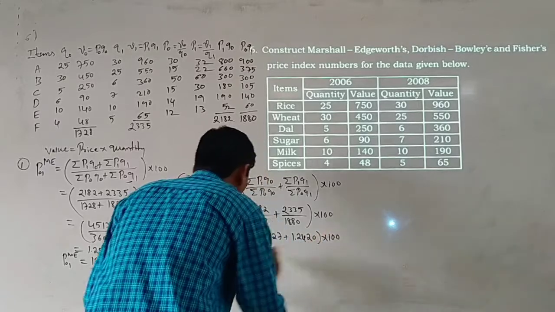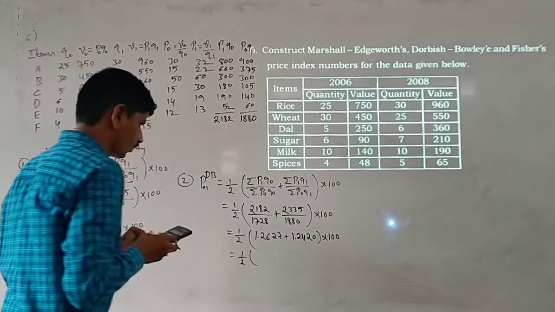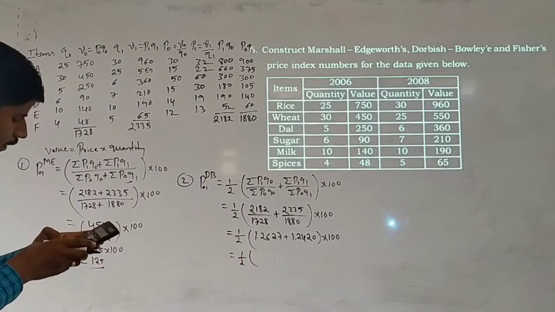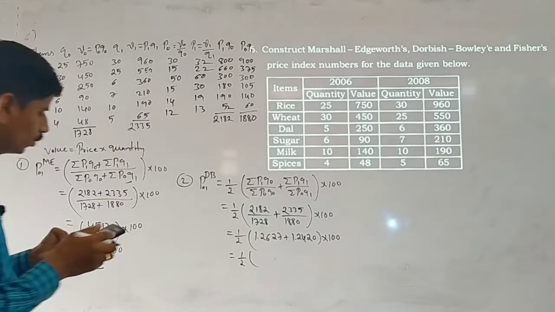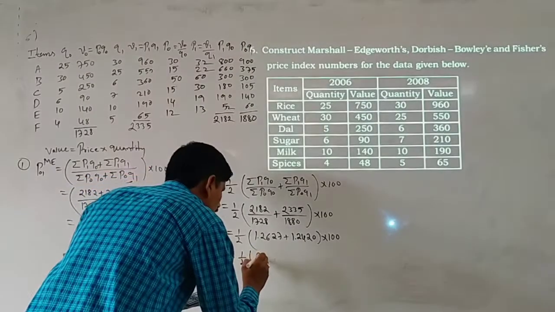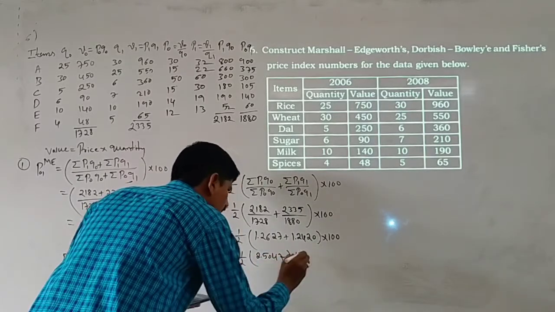into 100, that is equal to 1 by 2 into 1.2627 plus 1.2420, which is 2.5047, into 100.